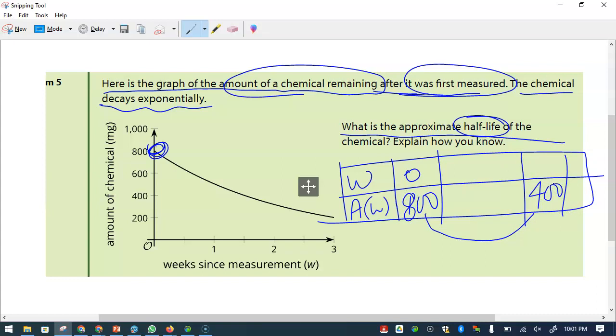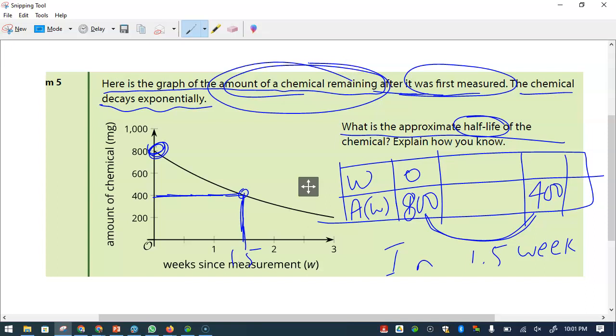So when does that happen? After how many weeks? Just go along this way and see, and then go down, and you can see that's approximately 1.5. So in 1.5 weeks, the amount of chemical will be half.